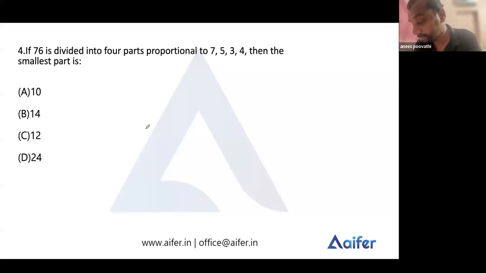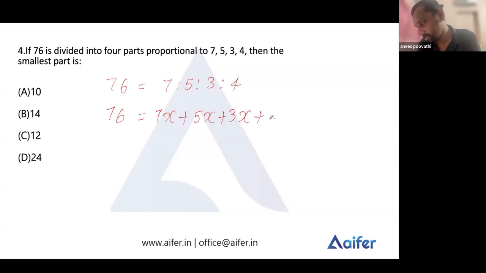So we can write 76 is equal to 7x plus 5x plus 3x plus 4x. So what we'll be doing is finding the sum. We have 76 equal to 7x plus 5x is 12x, plus 3x is 15x, plus 4x is 19x.